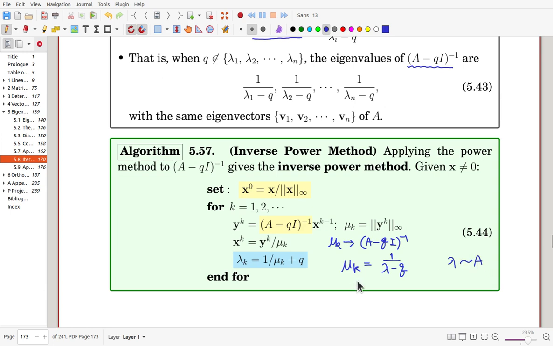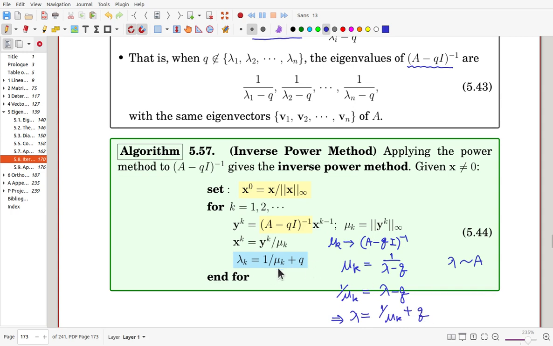Okay. Now, if we want to recover an eigenvalue of A, then we have to solve this equation for lambda. So we take the reciprocal first, so that 1 over mu k equals lambda minus q, and from here we can get lambda equals 1 over mu k plus q.